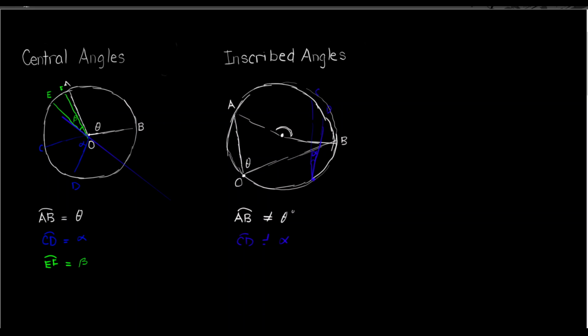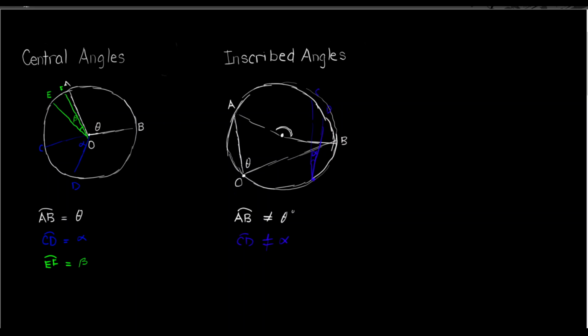We could get the lime color again and draw another inscribed angle, and we'd find that the value of the inscribed angle and the arc it subtends is never equal.